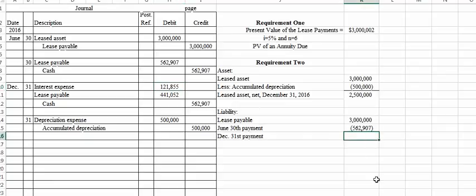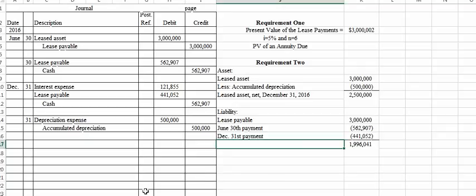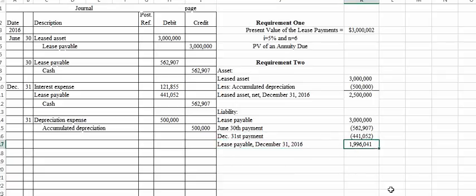So we'll say it's equal to a negative $441,052. And we'll tally these. There you go. There's your liability balance, lease payable at December 31, 2016, the $1,996,041.